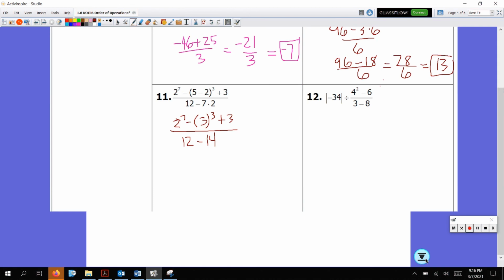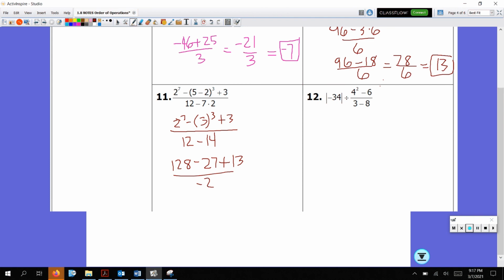Sorry about my handwriting. All right, because this looks terrible. 2 to the 7th. Let's see what that is. 2 to the 7th is 128. Minus 3 to the 3rd, 27, plus 13 over 12 minus 14 gives us negative 2.